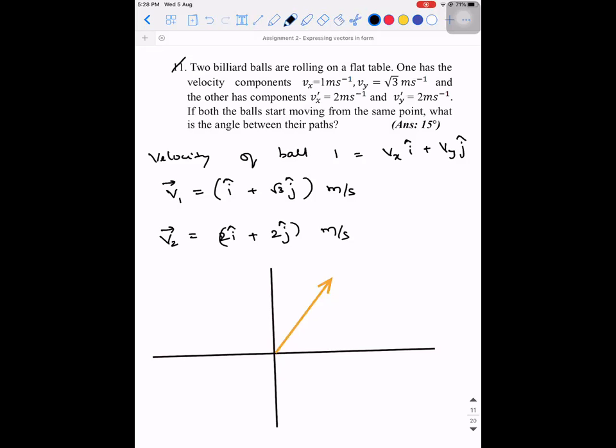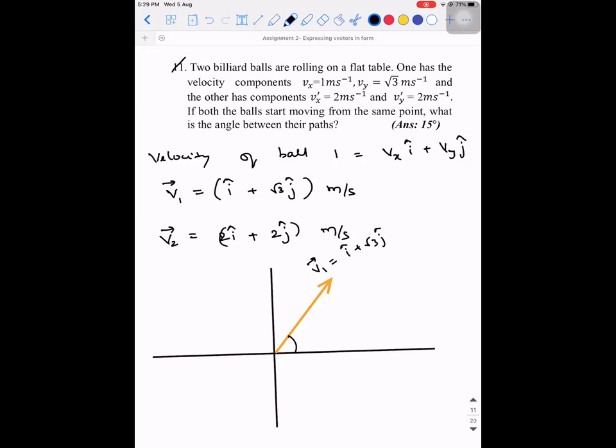If I take this as velocity 1 vector, i cap plus root 3 j cap, then what is the angle made by this velocity vector with the x-axis? Tell me, what is the angle made by this vector with the x-axis?